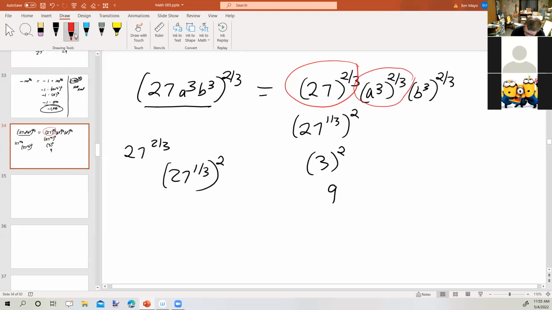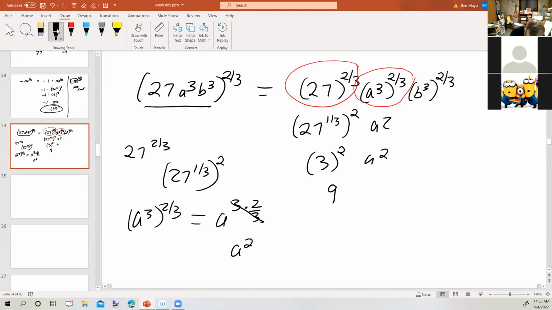Let's take a look at the second expression. A cubed to the 2/3 power, a power raised to a power, you multiply the exponents. 3 times 2/3 would be 6/3 or 2, so we get a squared.